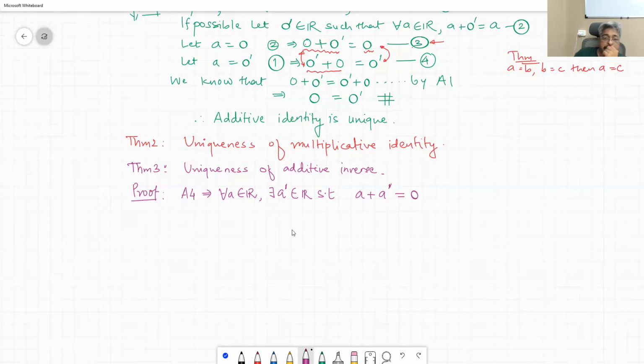Correct? If possible, let there exist A double dash belonging to R such that, let me write down this commutative property here also, A dash plus A is equal to 0. Here A plus A double dash is equal to A double dash plus A is equal to 0.